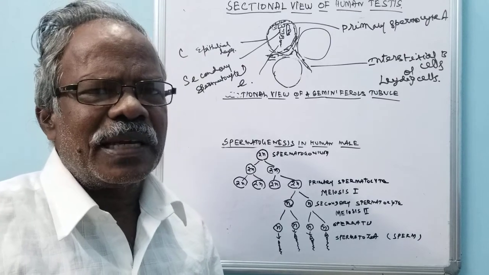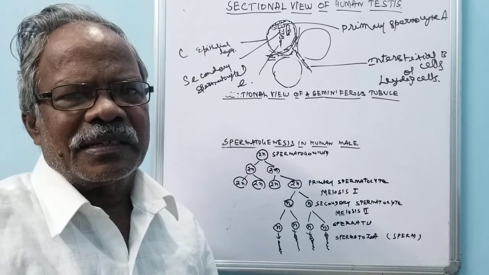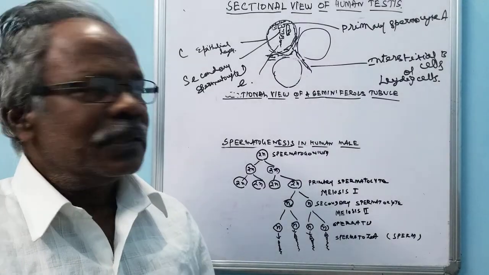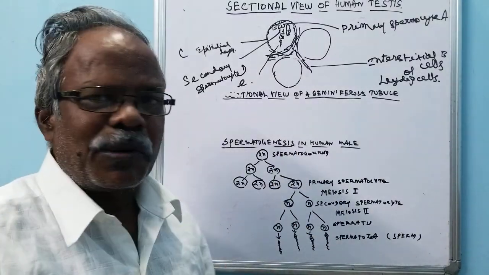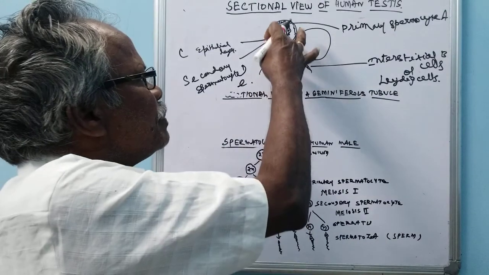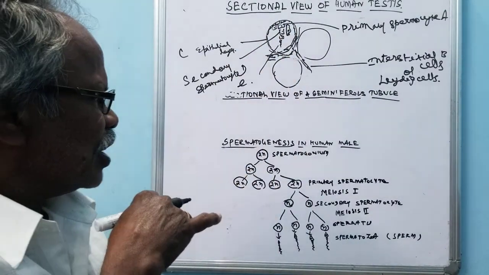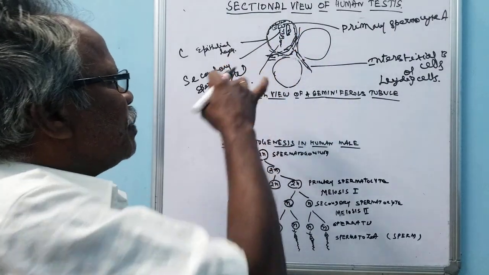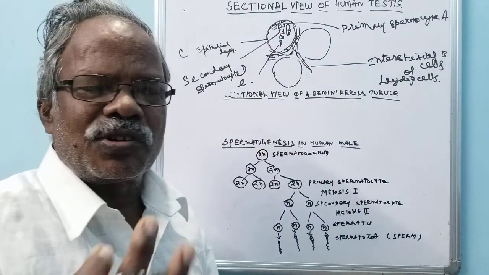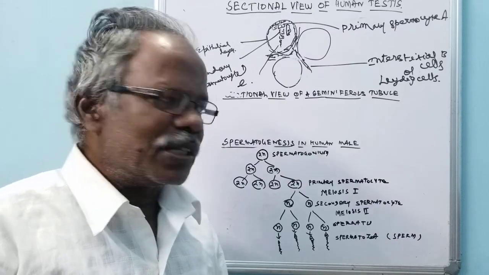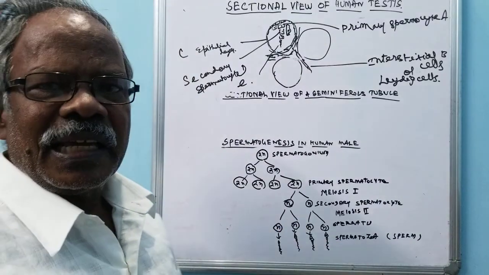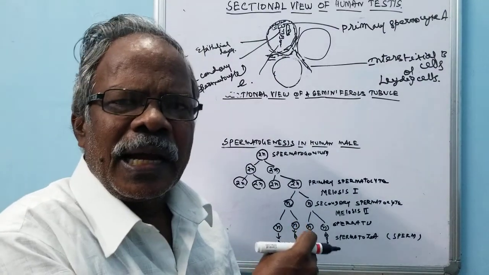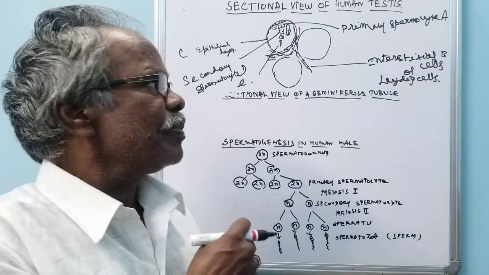That undergoes meiosis division, then it reduces from diploid to haploid. We will see that in spermatogenesis. The primary spermatocyte is converted into the secondary spermatocyte, wherein the diploid number of chromosomes is reduced to haploid.